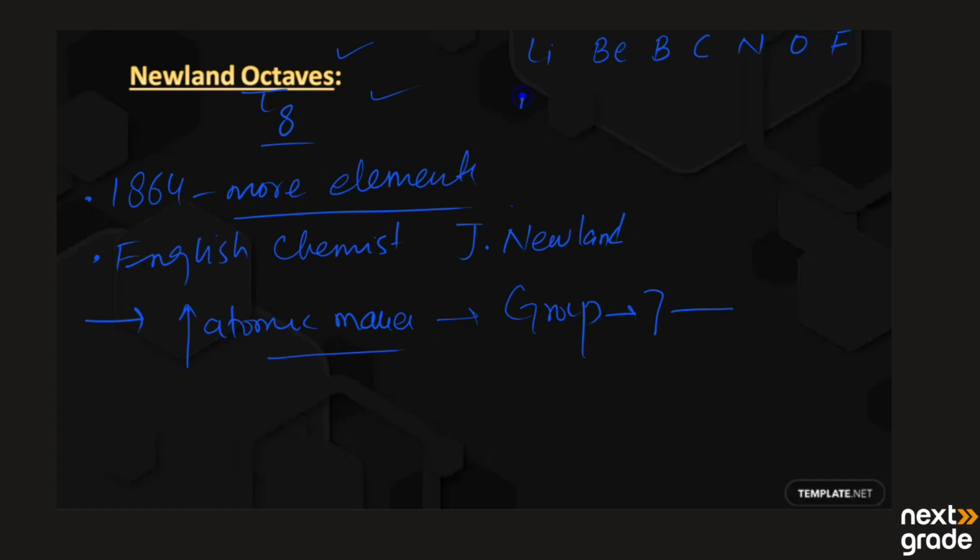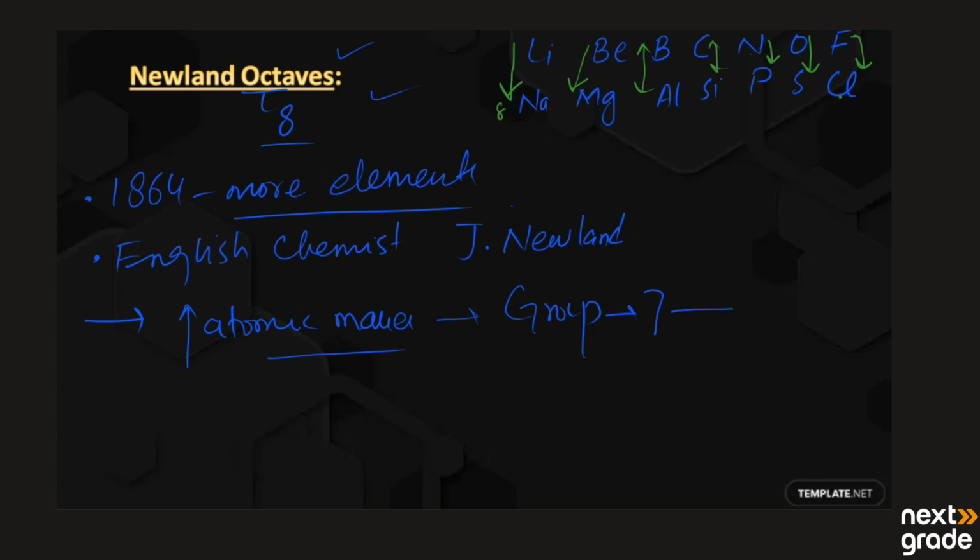After fluorine, he put sodium, magnesium, aluminium, silicon, phosphorus, sulfur, and chlorine. In the first row we have 1, 2, 3, 4, 5, 6, and 7, and the eighth element has properties similar to the first. Beryllium and magnesium are similar, as are boron and aluminium, carbon and silicon, nitrogen and phosphorus, oxygen and sulfur, and fluorine and chlorine.